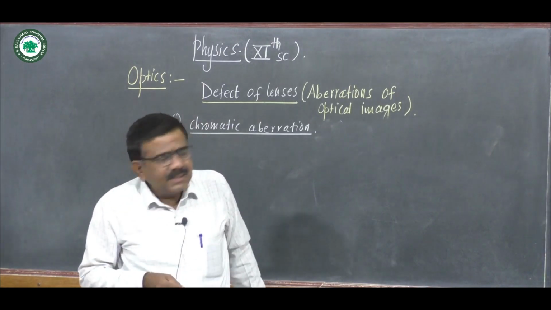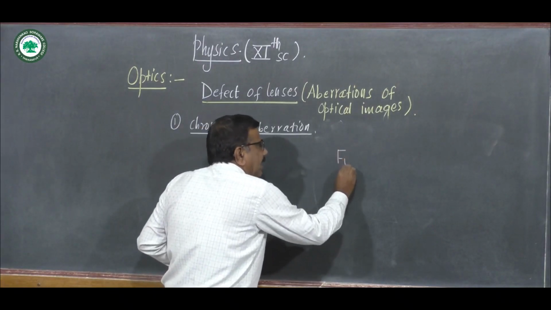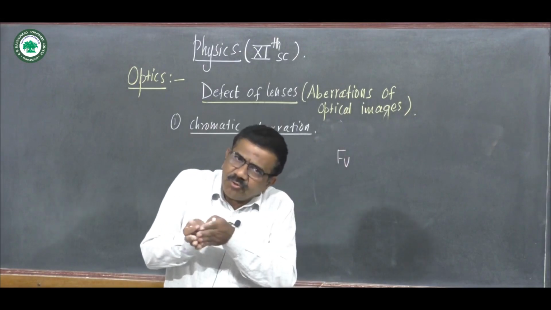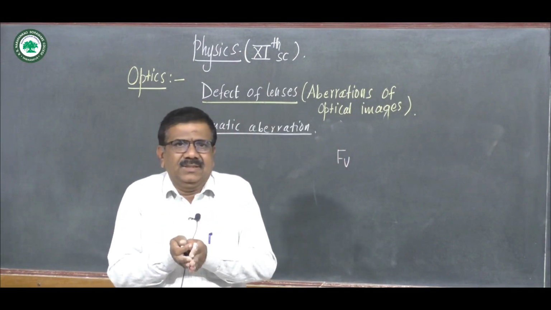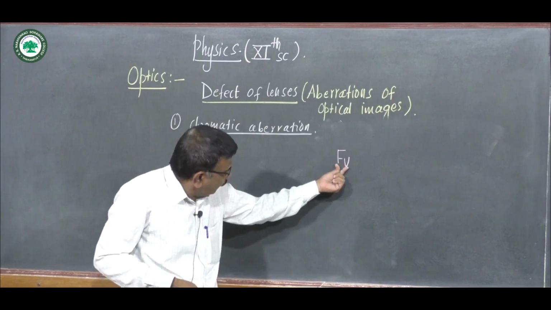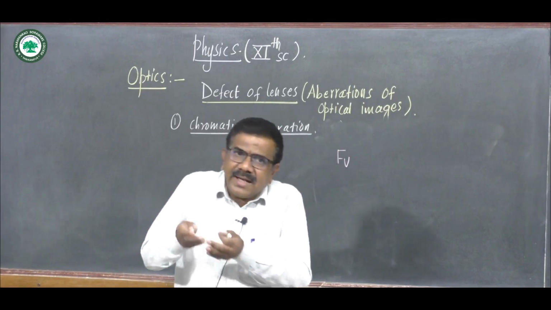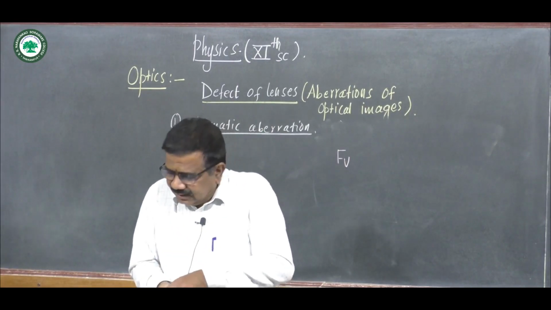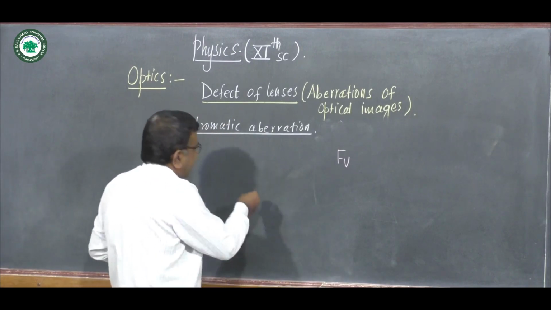And they come to focus at FV near to the lens. The red rays converge less. Violet and red are the extreme colors.